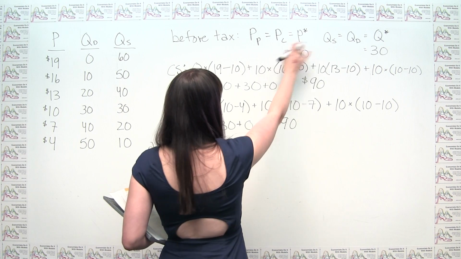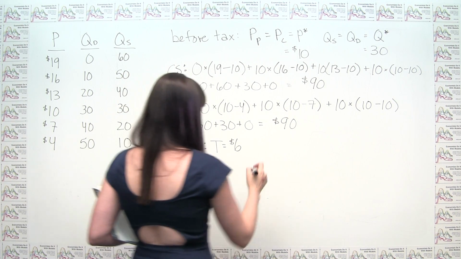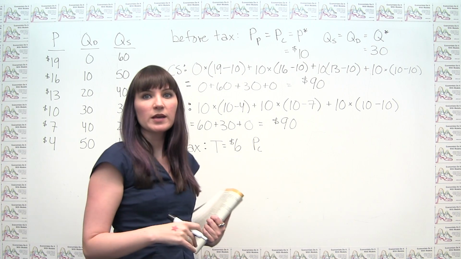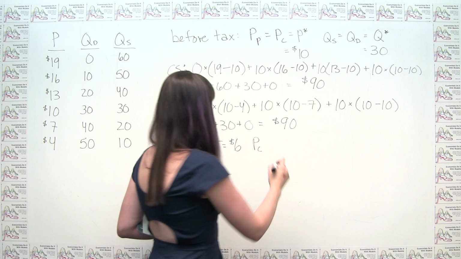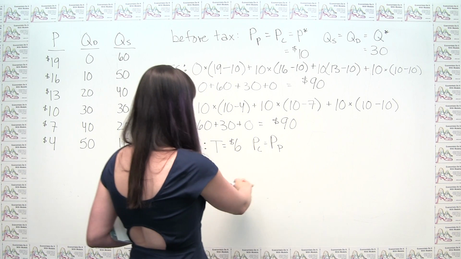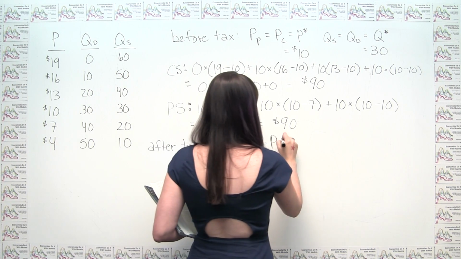So now we don't have this single P star. What we have instead is a condition where the price that the consumer pays inclusive of the tax is going to be what goes to the producer, call it P sub P, plus the amount of the tax, which in this case is $6. Just put 6 here.